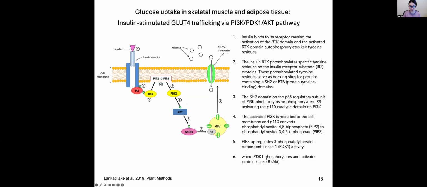One thing I want to mention is that we've learned about PKA, right? We've learned about PKC. So AKT is PKB. B is a boy. So protein kinase B is another name for AKT.